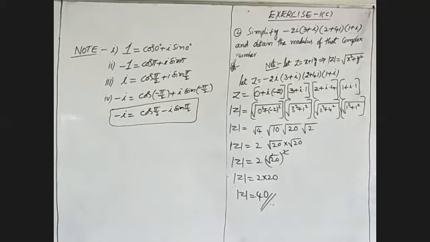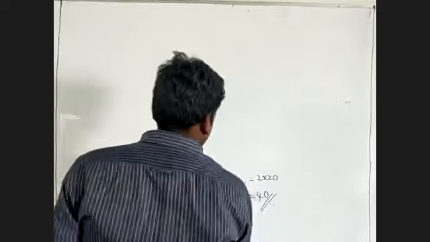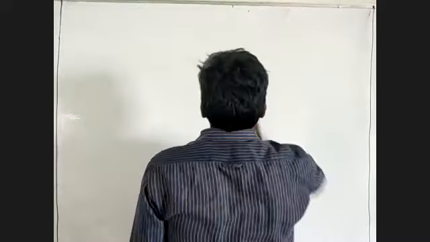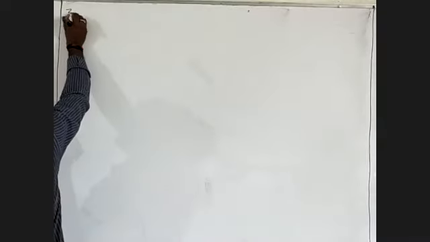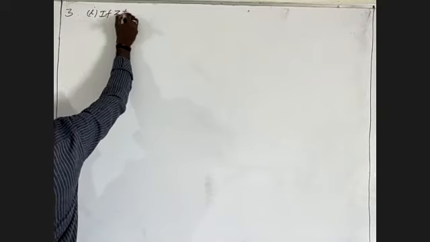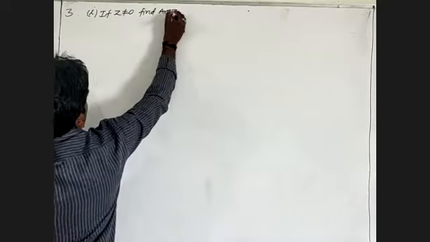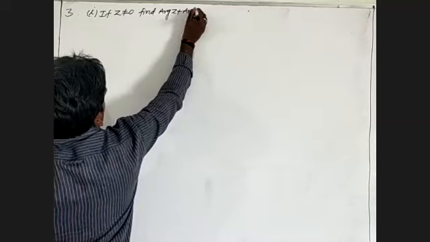Okay, now I am going to the next problem. In the third section, the first one is: if z is not equal to 0, find argument z plus argument z bar.